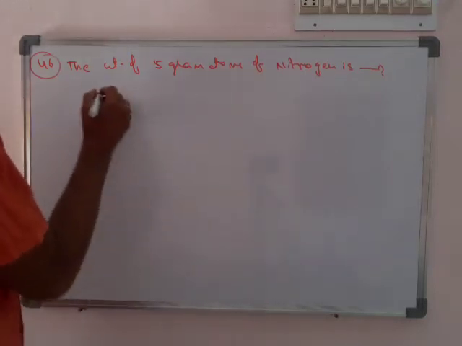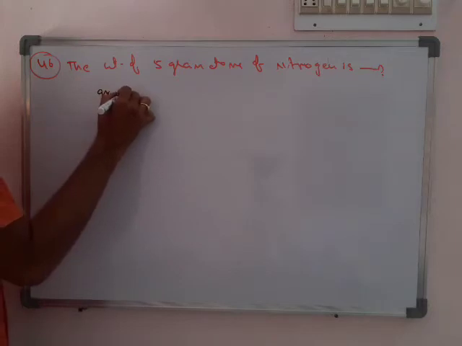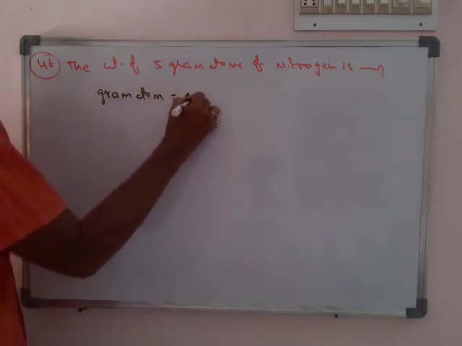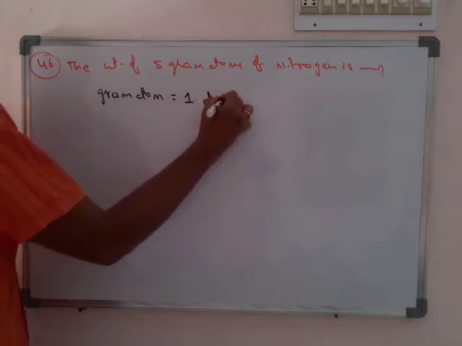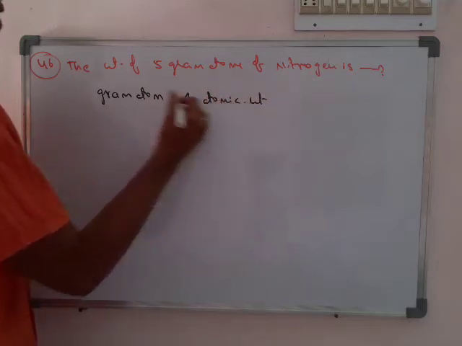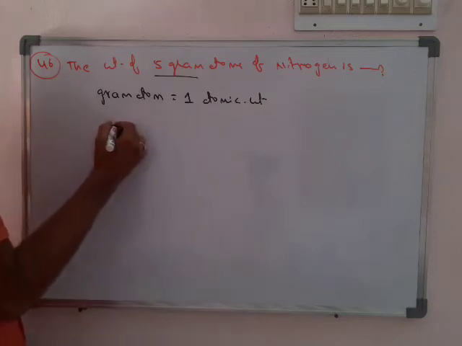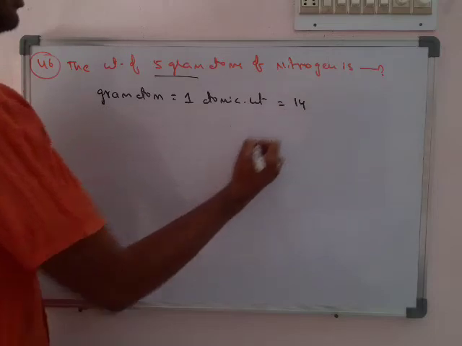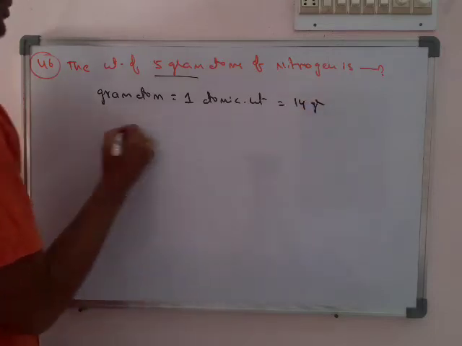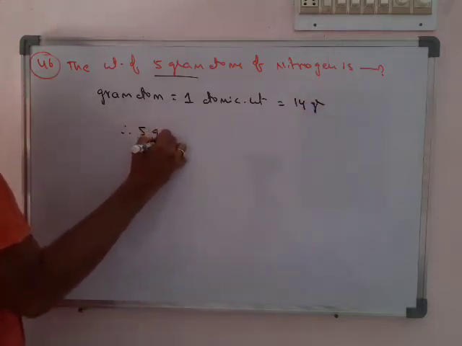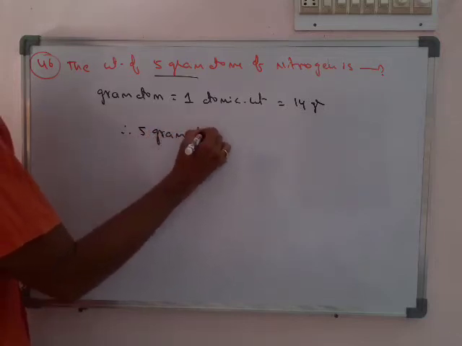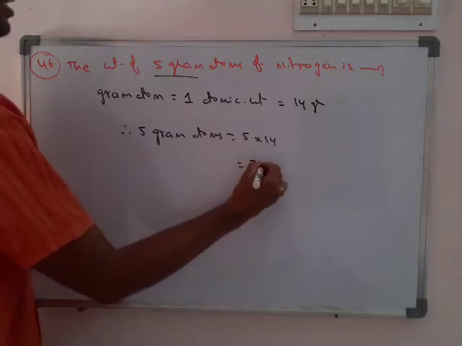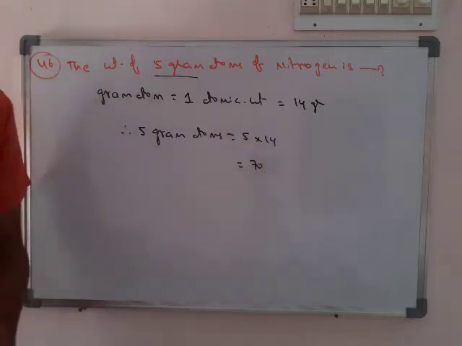Already we know the main confusion here: gram here does not mean gram, it is gram atoms. 1 gram atom equals 1 atomic weight. So how many weights? 5 atomic weights are there. For nitrogen, atomic weight is equal to how much? Nitrogen equals 14 grams. So 5 gram atoms equal 70 grams.